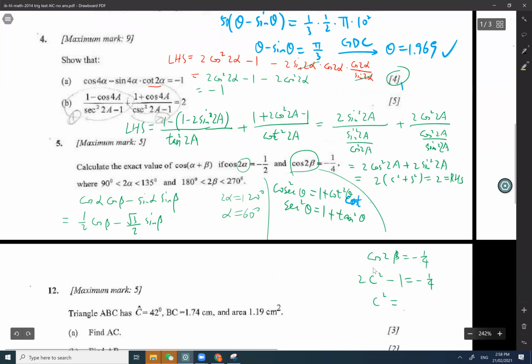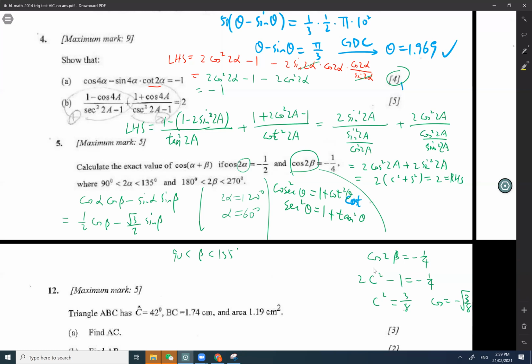Cos square equals 3 over 8. Cos equals negative root 3 over 8. Why negative? Because beta is between 90 and 135. So cos beta is negative.